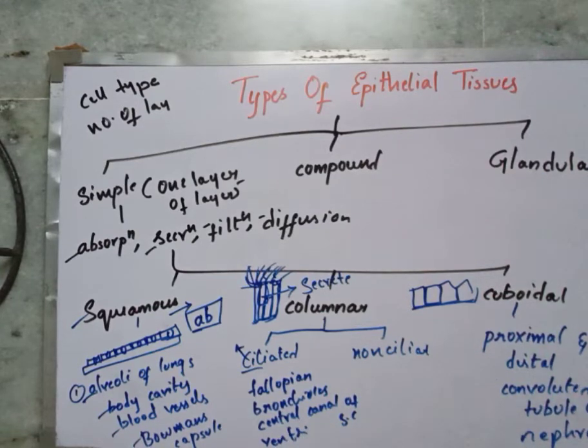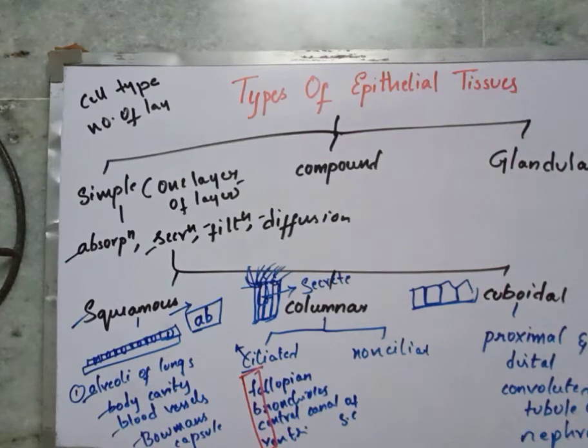So these are the examples of a ciliated columnar epithelium, and the code is FBCV. So F means fallopian tubules, B means bronchioles, C means central canal of spinal cord, and V means ventricles. So this is about the ciliated columnar epithelium.